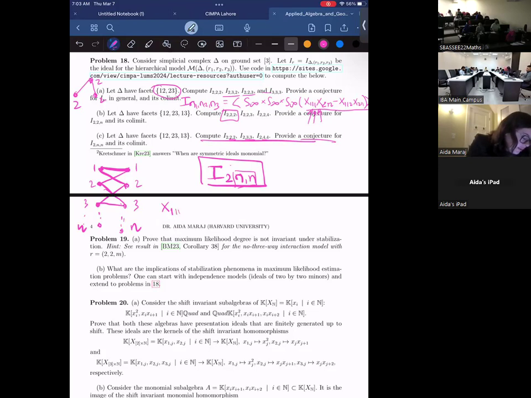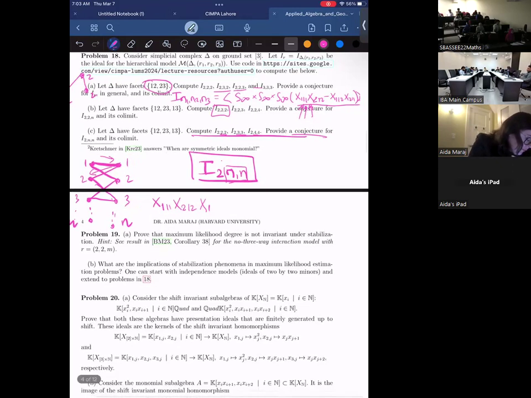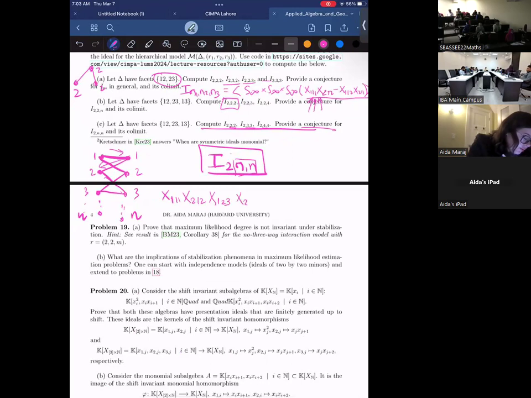So x1,1,1, x2,1,2, x1,1,2, then x1,2,3, x2,3,3, and x1,3,2, x2,3,2,1,2, minus, we take all this expression, but we exchange the first with the opposite.